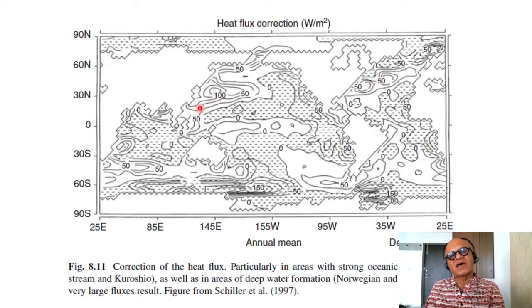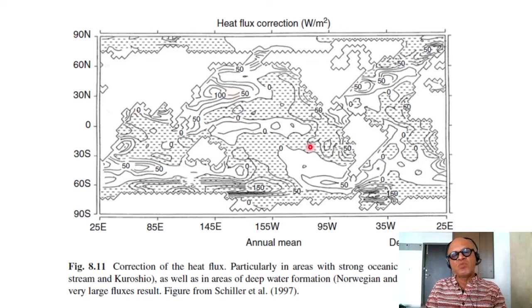And these biases may not necessarily be due to errors in sea surface temperatures in situ, but it could be because the Gulf Stream that is bringing the warm water, instead of going here, it's going here and creating big differences in sea surface temperatures just by shifting the pattern.